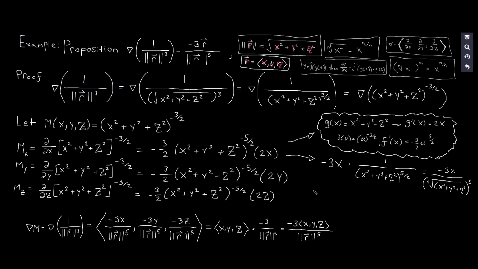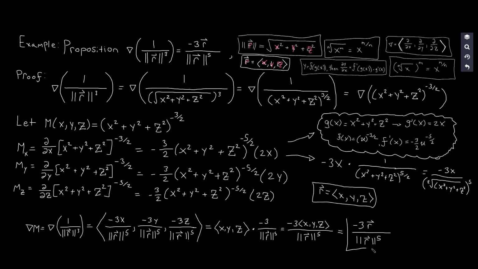What I'm trying to say is that vector r equals vector x, y, and z, right? And so, since that's true, this thing on the numerator can be changed such that this equals negative 3 times vector r over the magnitude of vector r raised to the fifth power.